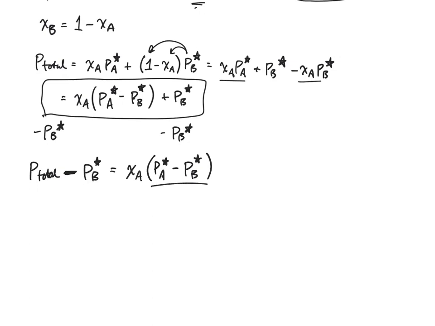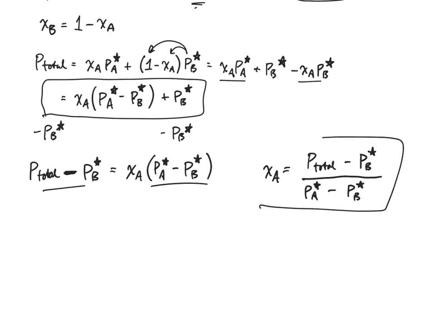And then I can just divide both sides by this expression here, and in the end I get the mole fraction of A depends on the total pressure of the system minus the pure vapor pressure of B over the pure vapor pressure of A minus the pure vapor pressure of B. And that's another useful equation that's going to come in handy for your homework.